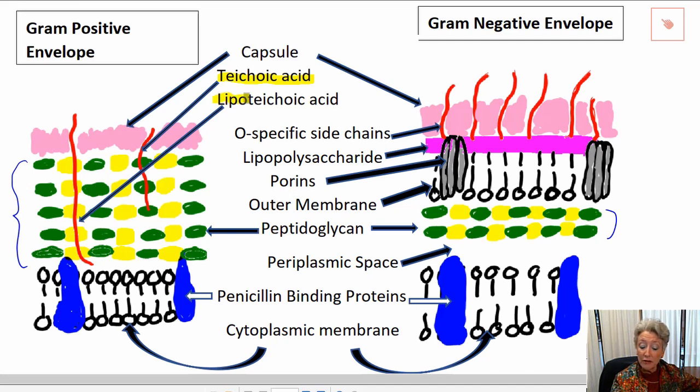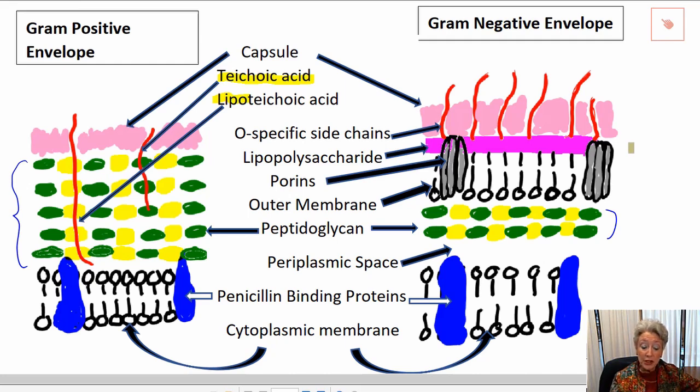In the case of the gram-negative, it is the endotoxin molecule in the outer membrane that is terribly important clinically for causing endotoxin shock, as we spoke about in our first chapter discussion of infectious disease.